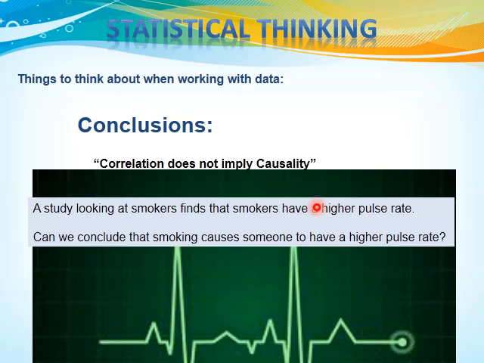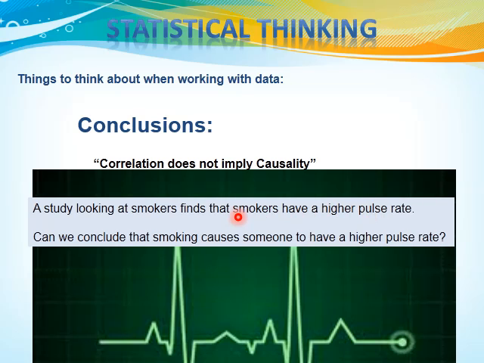Possibly, although this is probably unlikely, maybe having a higher pulse rate means you're going to smoke more. One maybe a more plausible explanation for the correlation would be that possibly somebody who is more stressed out is going to have a higher pulse rate.